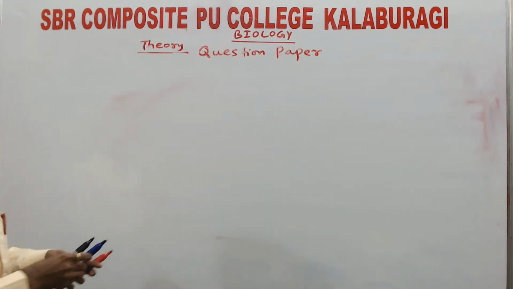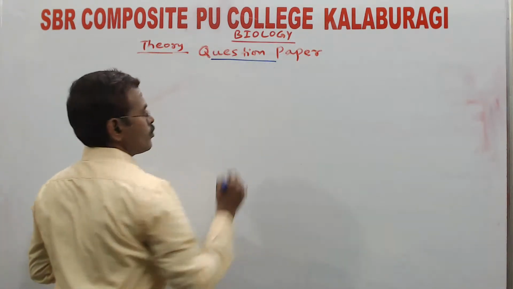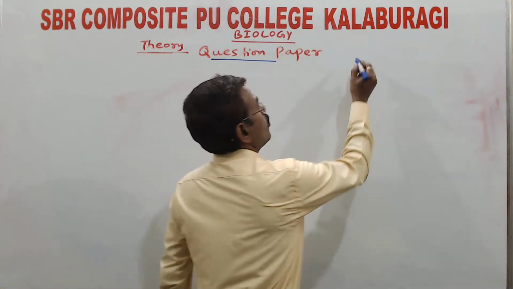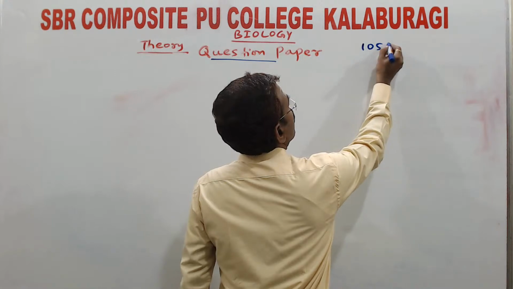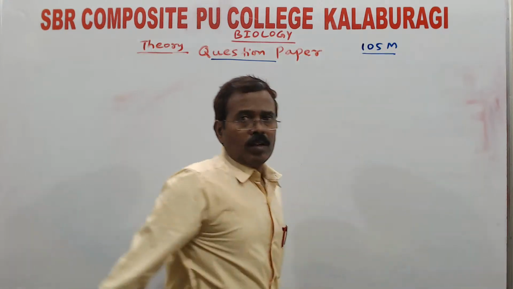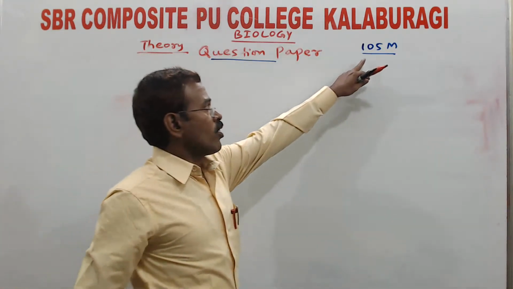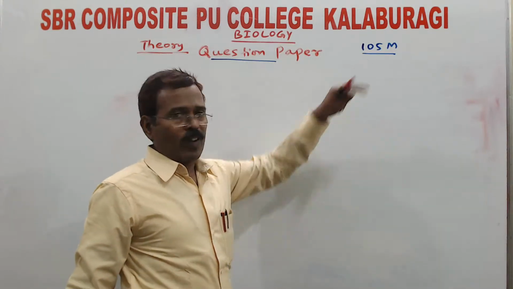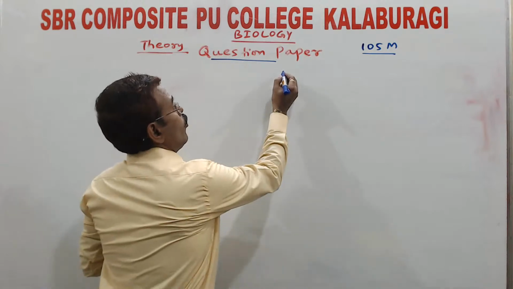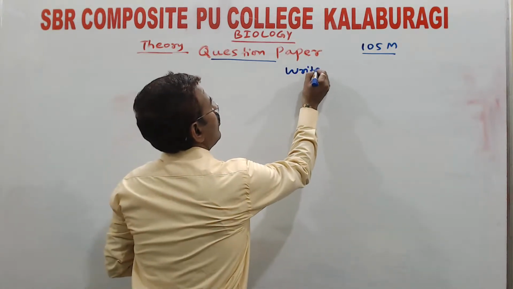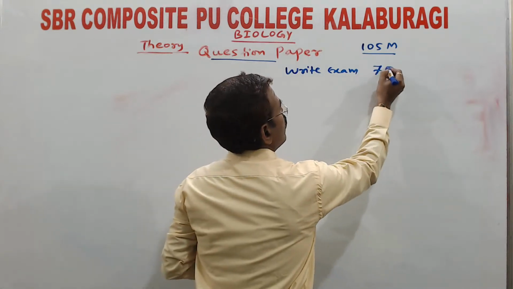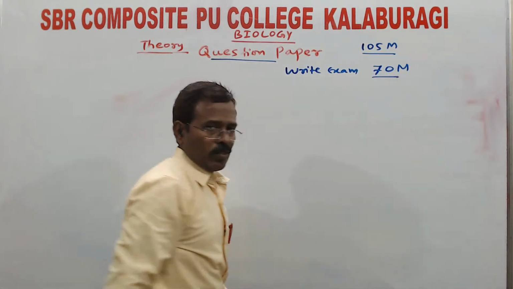If you take the theory question paper, the total marks weighted is 105 marks. But we have to write the theory exam for 70 marks.